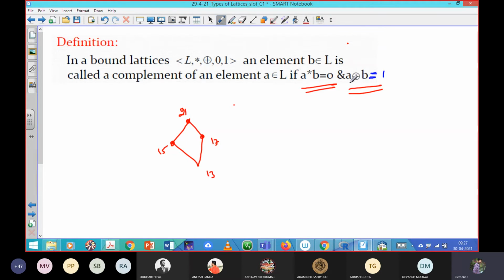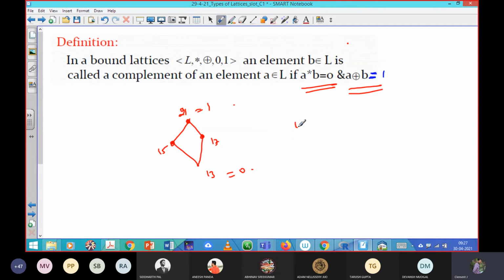And A plus B should be the highermost value, that is your 1. Can you guess what is your 1 in this Hasse diagram? 21. That's it. Your 0 will be 13.